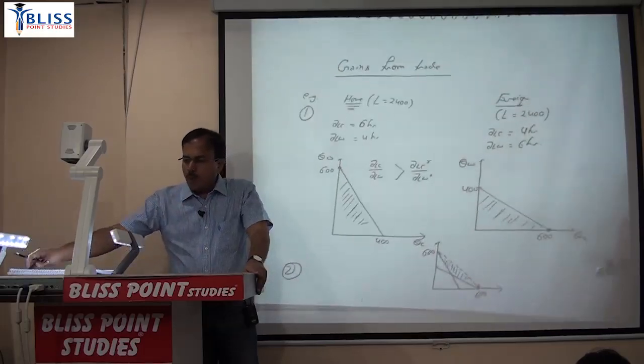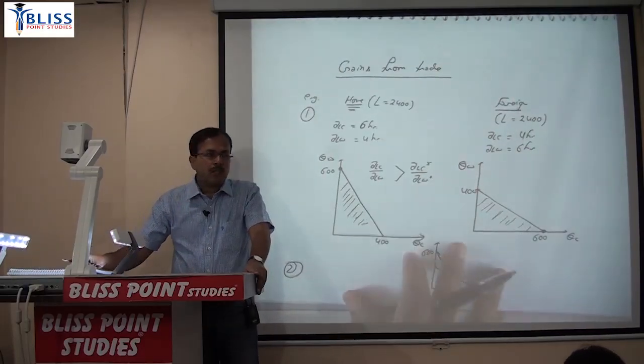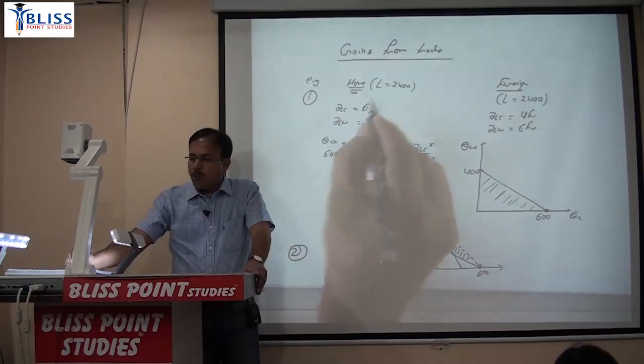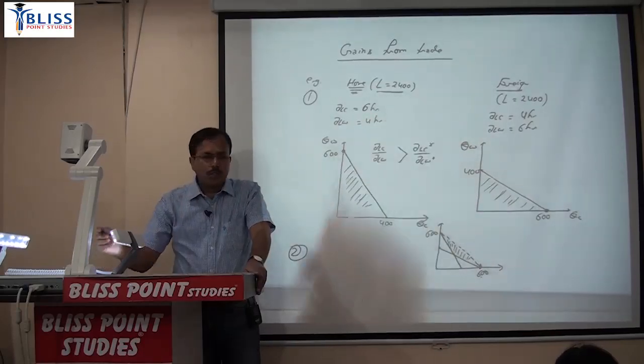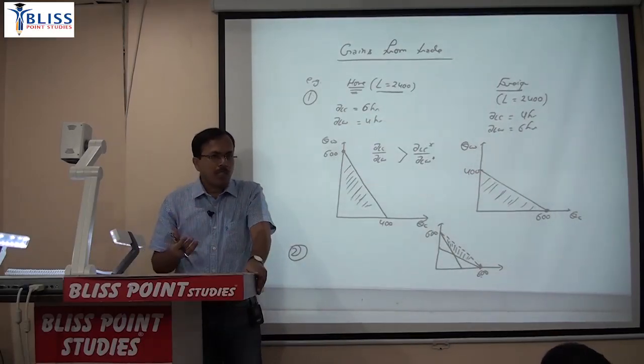Remember, technically home country can produce both the commodities, but home country uses this time to produce what? That product in which it has comparative advantage.